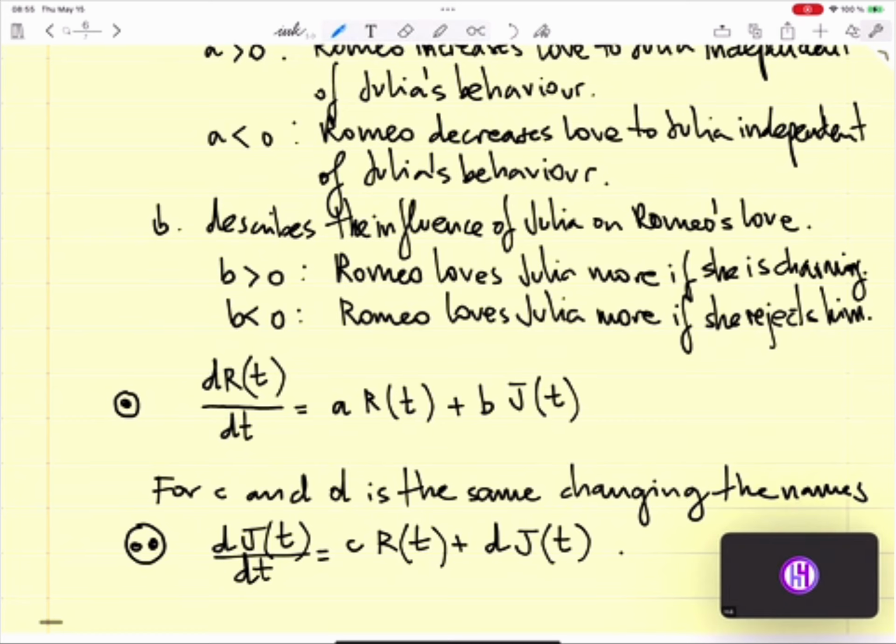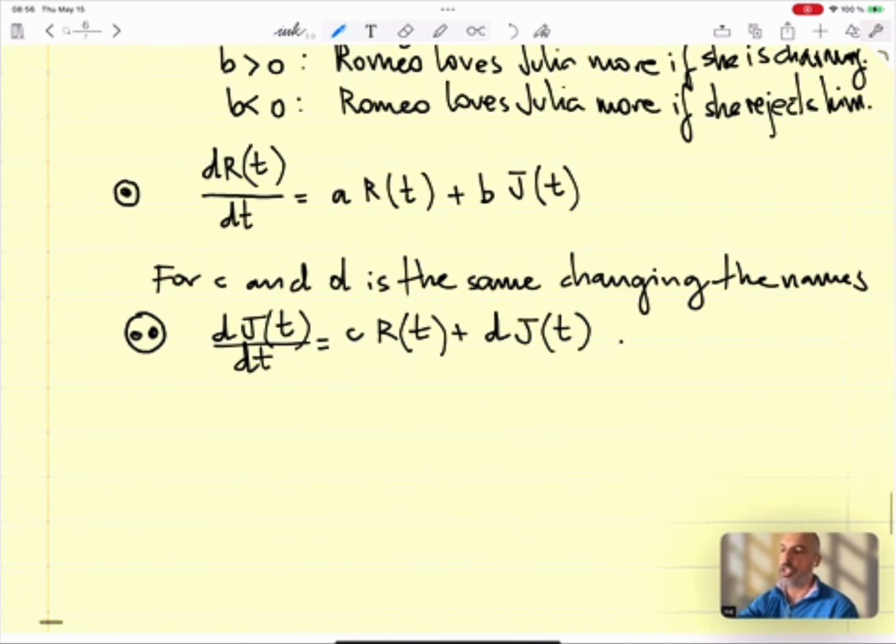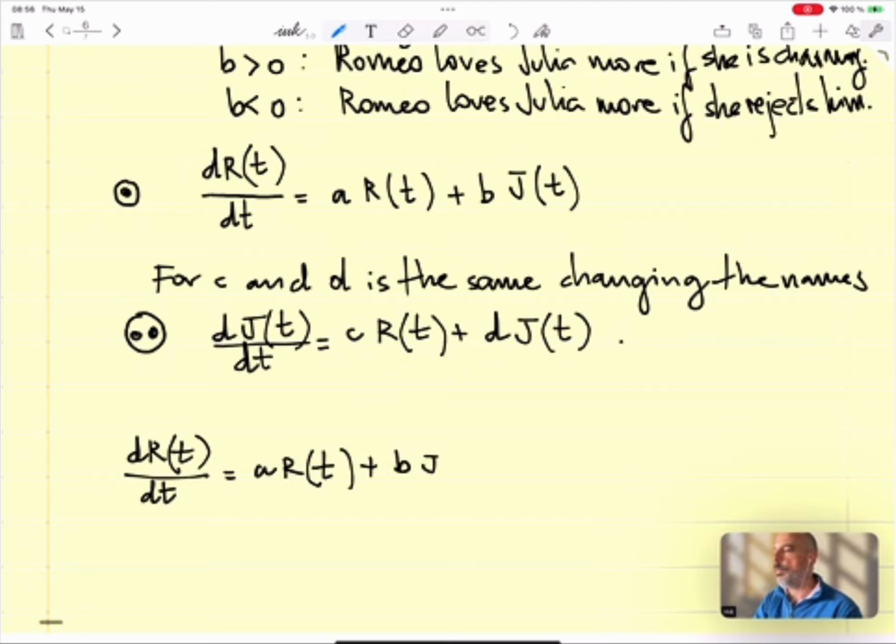Yeah, no, it depends. It can be anything. It just depends on the signs of the parameters. This is just a general case. So it depends on the characters. You can try to inspect your own relationships and find out what type of relationship you have, with your boyfriend or girlfriend or whatever.